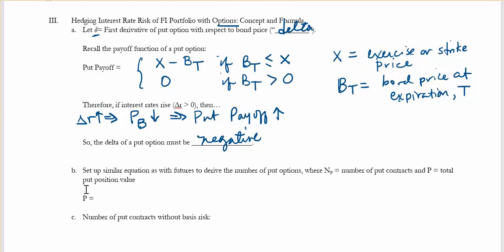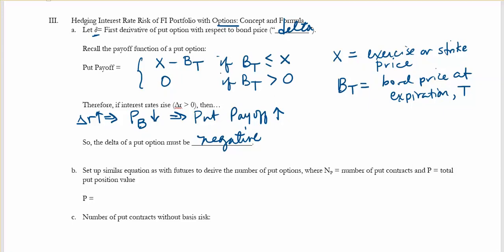Now let's do what we did with futures to calculate how many put contracts a bank would need to buy to hedge against interest rate movements. And again, we want to buy put options because the purpose of a put option is to hedge against falling asset values, and the assets will fall in value when interest rates rise.